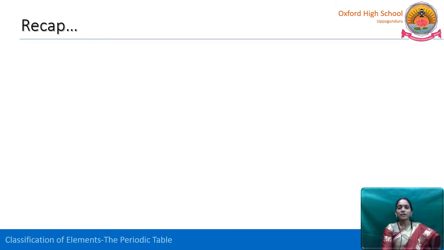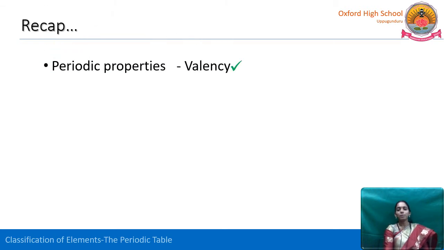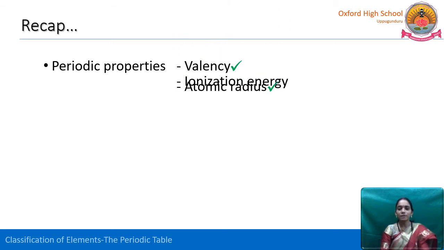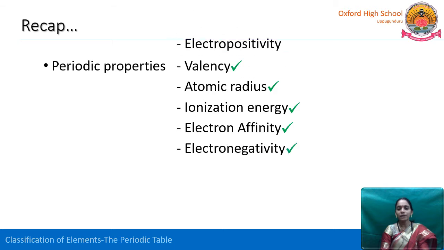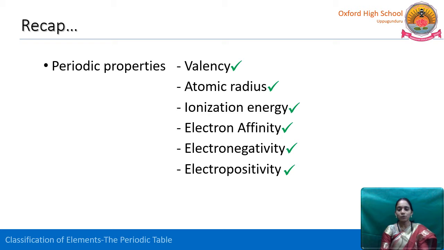In the previous class, we studied the periodic properties of elements: valency, atomic radius, ionization energy, electron affinity, electronegativity, and electropositivity. Electropositivity is nothing but the tendency of an element to lose valence electrons. So, how is it trending?